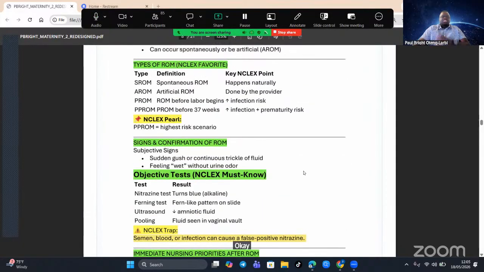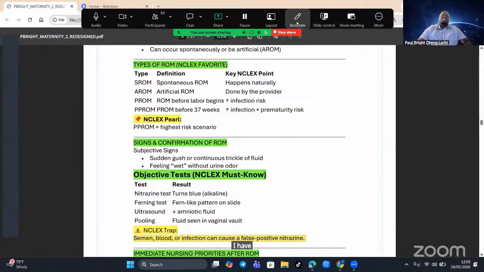Then we have premature rupture of membrane. That is the bursting of the amniotic sac before labor begins, before 37 weeks. And there is no contraction of the uterus.